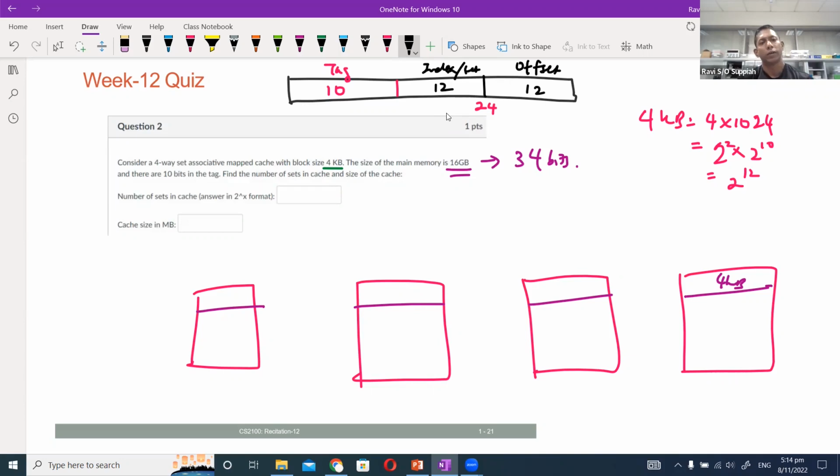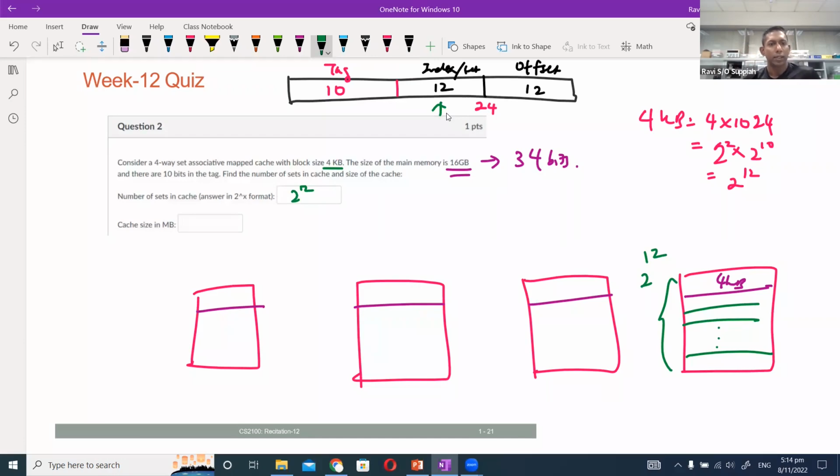So for the first question, the number of sets in the cache: this 12 here is basically the number of lines I have here. Since I have 12 bits, this is equivalent to 2 to the power of 12, which is the answer here. That is the number of sets I have in the cache. So the number of sets is the number of lines you have in each cache.